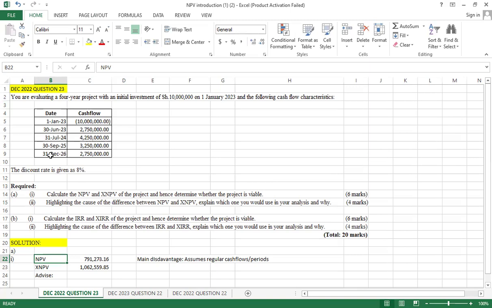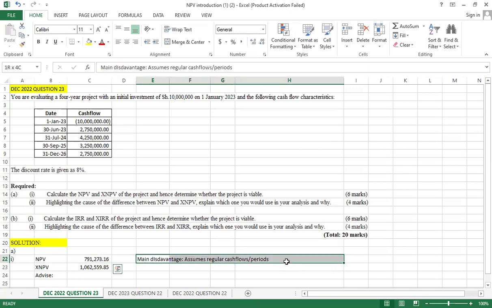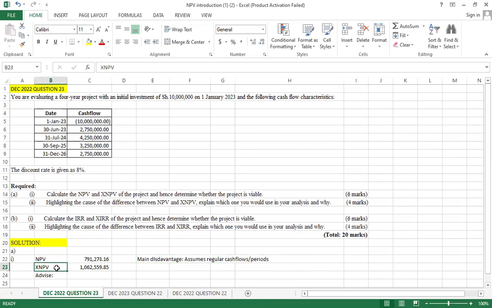What you have done before in financial management is the calculation of the normal NPV, where this assumption is made. The XNPV is a calculation enabled when you use Excel. Otherwise, manually, this would be very difficult.